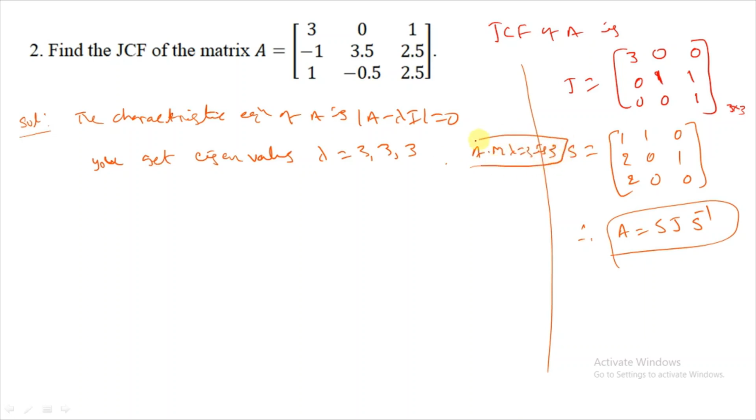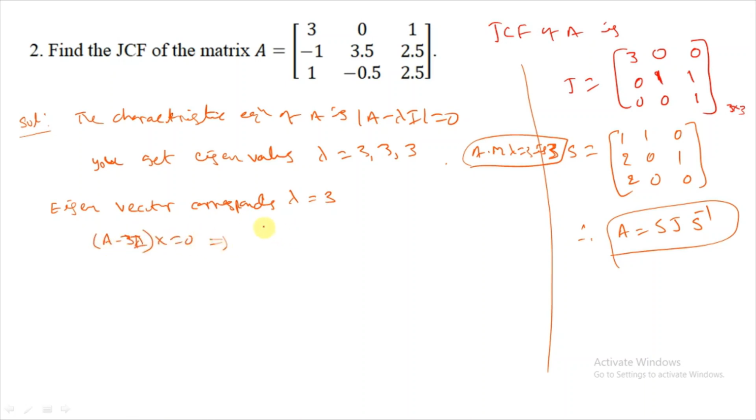We'll see what the geometric multiplicity is. Now the eigenvector corresponding to lambda equal to 3 means (A minus 3I) x equal to 0.